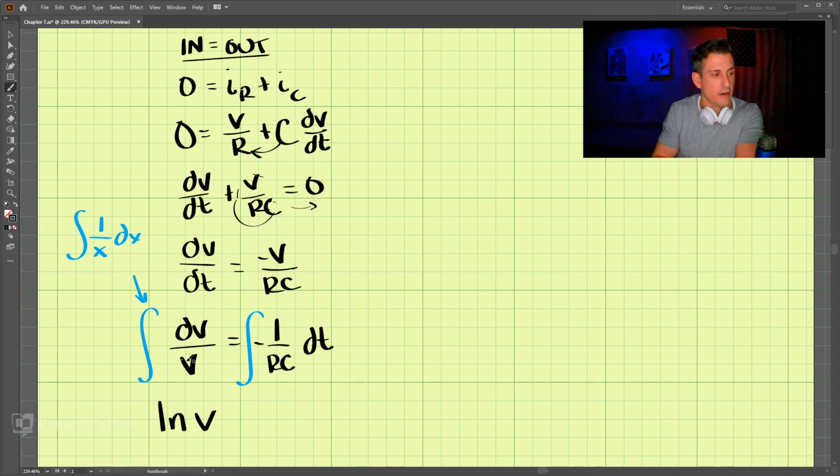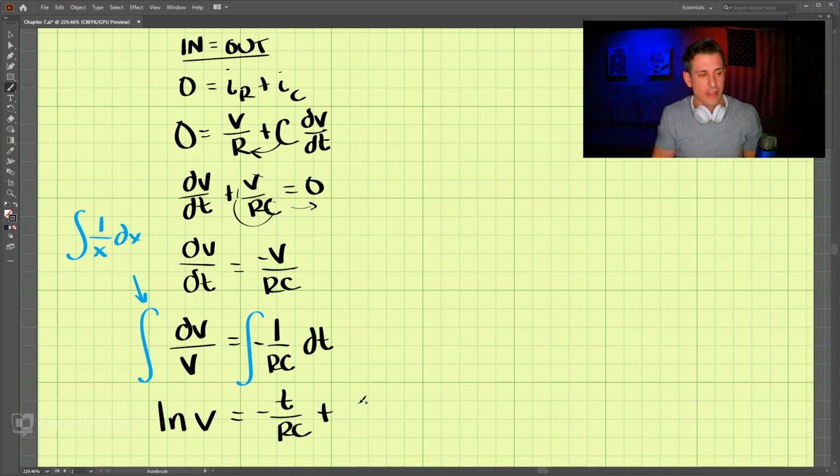If we integrate the right-hand side, we get negative t divided by RC, because R and C are constant. They stay the same. So this is our integration.